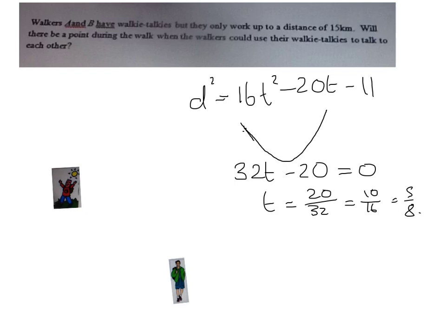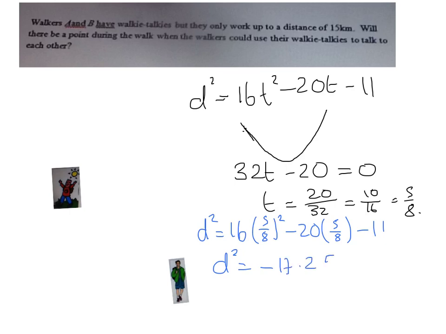So let's see now how close they actually are at time 5 over 8. So at time 5 over 8, the distance squared would be 16 times 5 over 8 squared minus 20 lots of 5 over 8, minus 11, and apparently I get minus 17.25, so a distance squared. So I think I might have gone wrong.